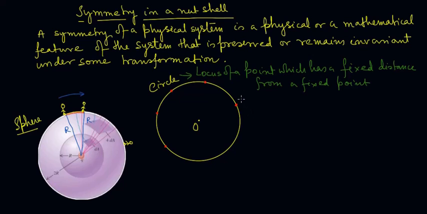So the transformation is the movement on the circle, and the system, the center point you are looking at, is invariant under this transformation if you move along the circle. Since you are moving on the circle continuously, this is called a continuous symmetry. This is also a continuous symmetry.